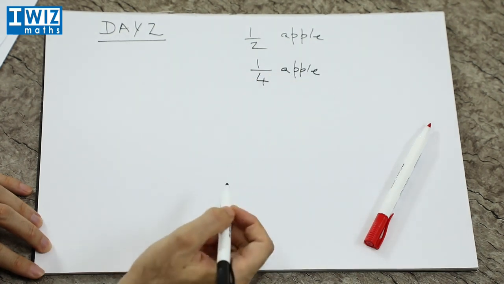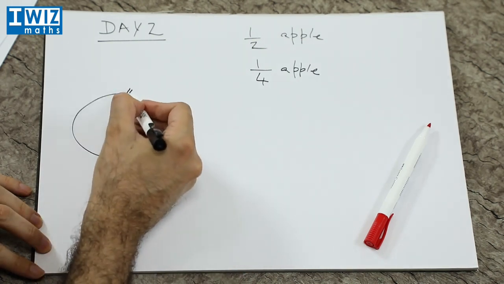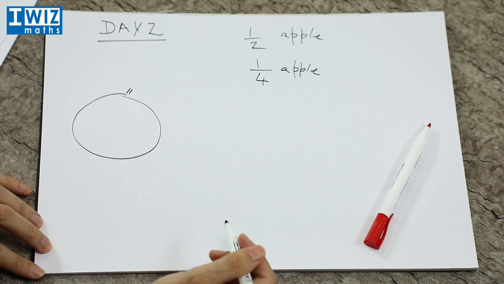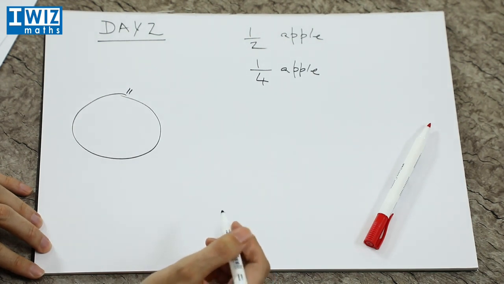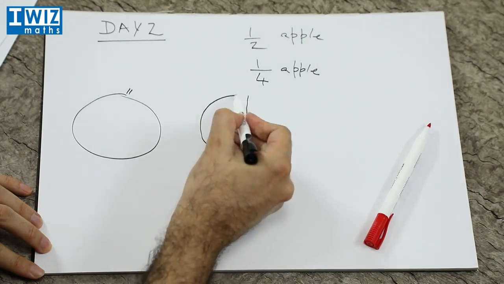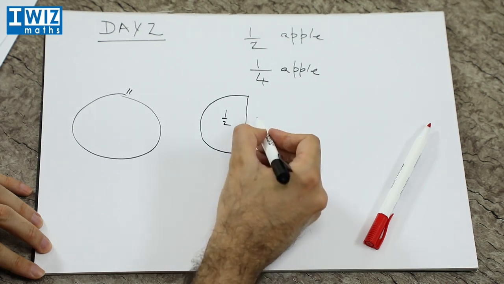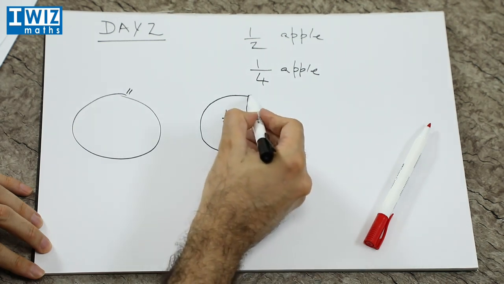So let's draw our apple. My diagram of an apple, of course, isn't great. But before lunch, we had 1/2 of the apple, and after lunch we had 1/4 of the apple.